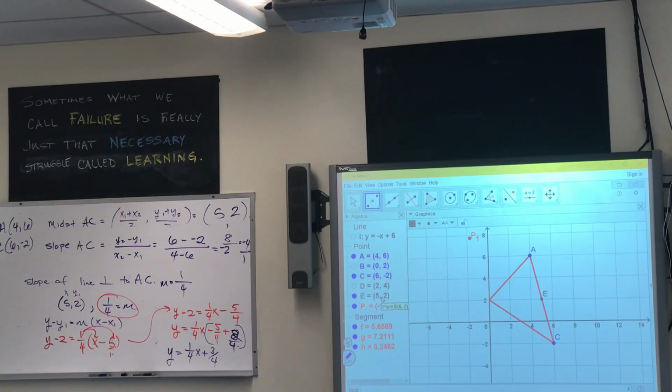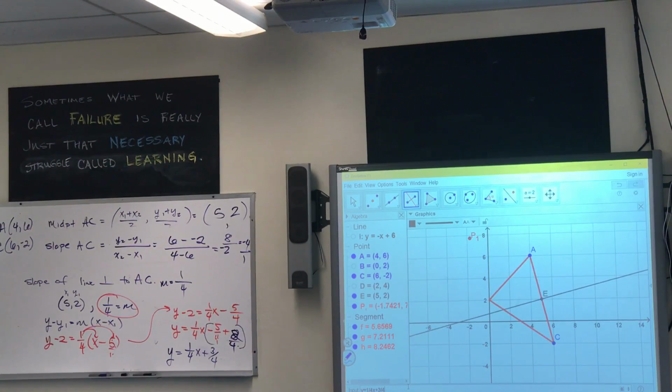That math is correct. I'll type in y equals 1/4 x, writing in the equation of the line we just developed, plus 3/4. And it does go through E, right?